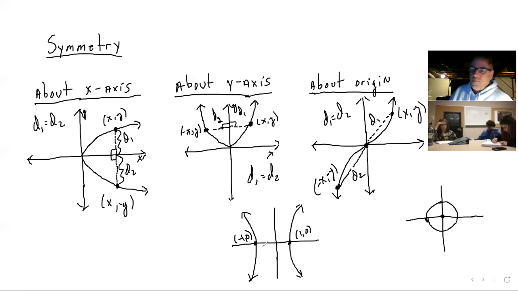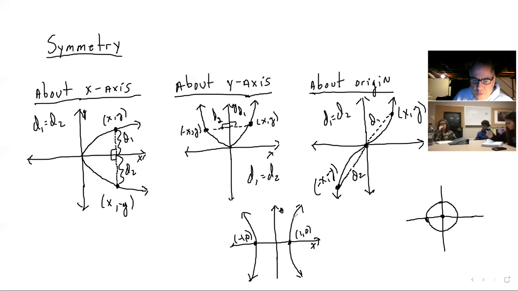This one, I would also argue, if I were just looking at it visually, has all three types of symmetry. Certainly, it looks symmetrical about the y-axis. It looks like I see the mirrored image on both sides of the x-axis.